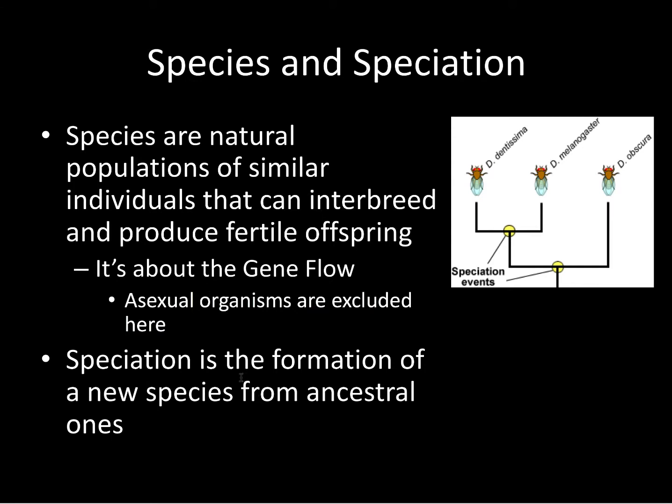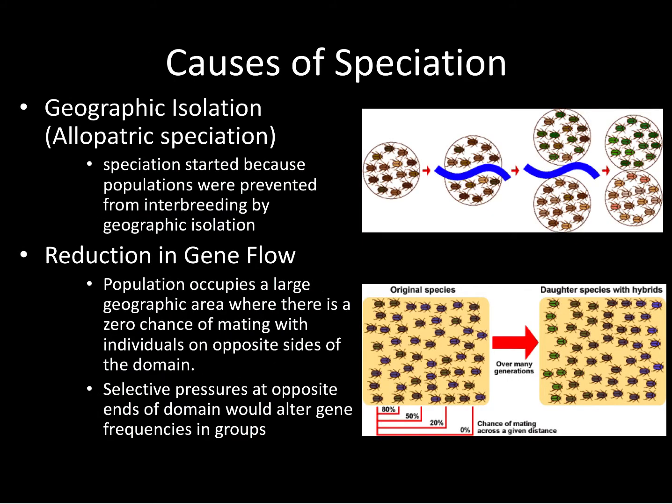Speciation is the formation of a new species from an ancestral species. Now, what can cause speciation? Here are two ideas. One is geographic isolation, also known as allopatric speciation. Species start because populations were prevented from interbreeding by some geographic isolation.